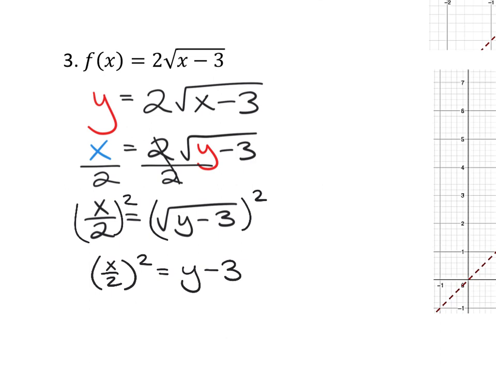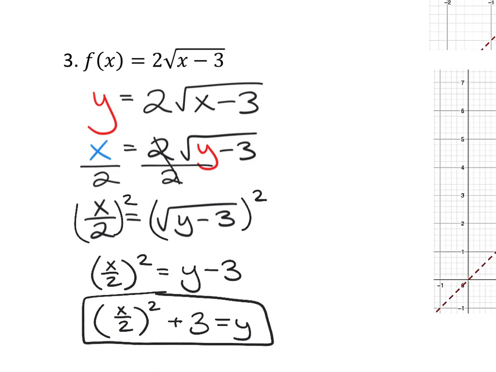One last step to be finished. What is it? Not yet. We haven't isolated y. Add 3 to both sides. Very good. So when I add 3 to both sides, I'm going to have x over 2 squared plus 3 equal to y.